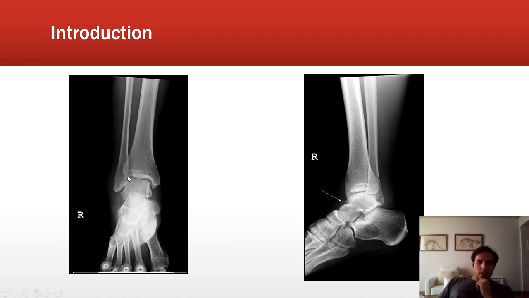You can see you have tibiofibular overlap. The tibia is overlapping the fibula. Normal is if you have greater than 6 millimeters. So if you're seeing less than 6 millimeters, the syndesmosis is potentially disrupted. You want to get additional images, and the patient may require operative fixation to stabilize the syndesmosis.